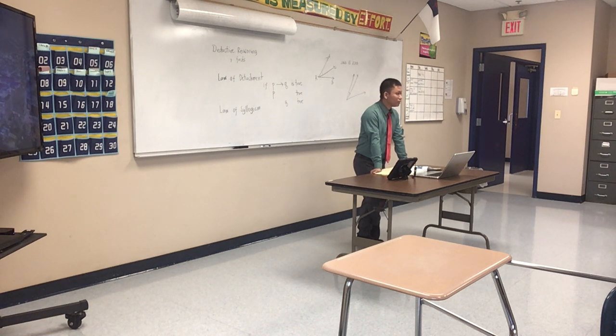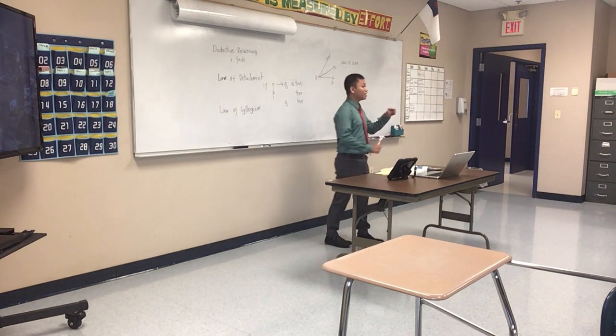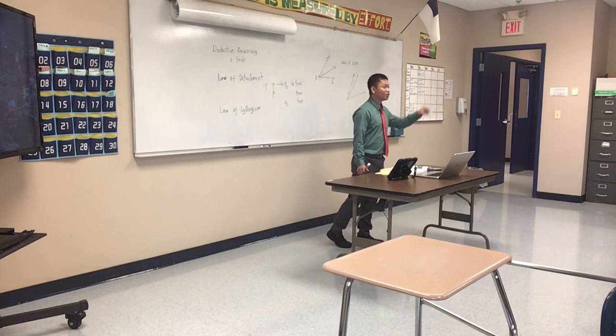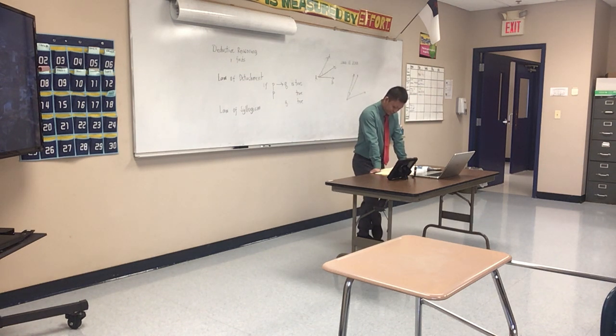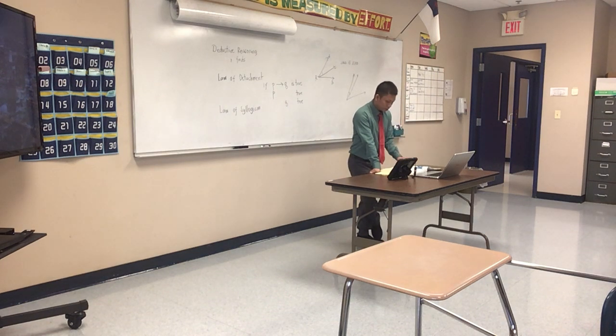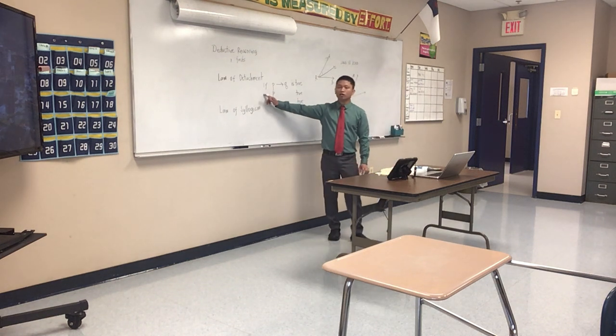Are you sure that ABCD is a square? It says it has equal length. Okay, ABCD has sides that are equal length. So therefore that's a square. So the answer would be figure ABCD is a square. Okay, figure ABCD is a square. So it's just the law of detachment.